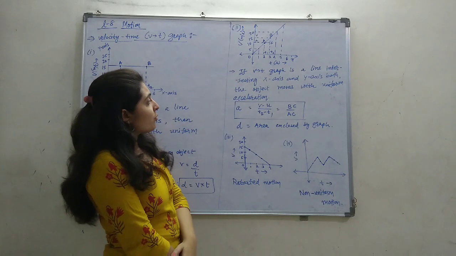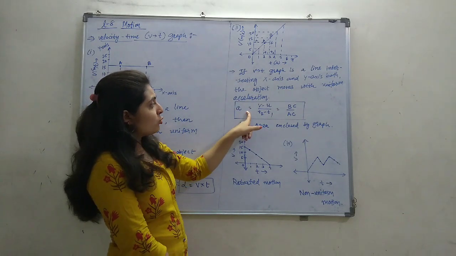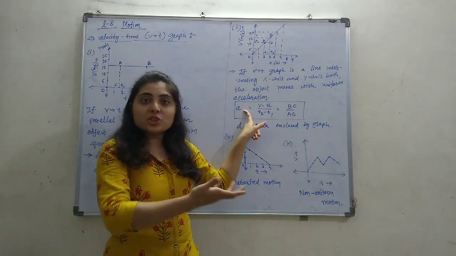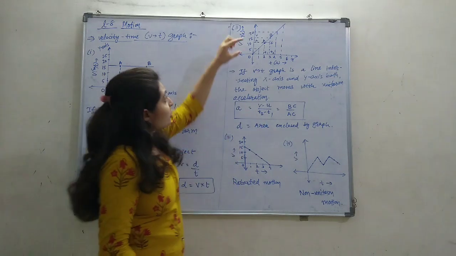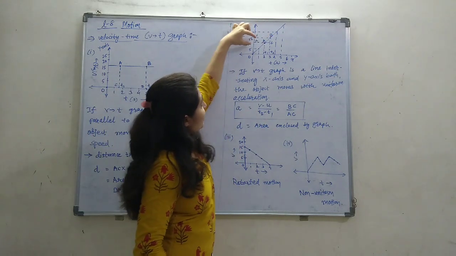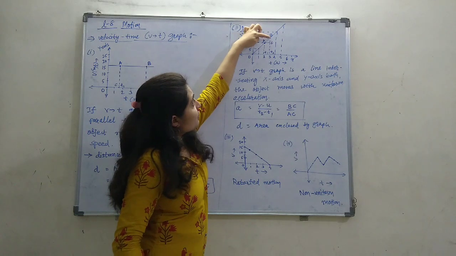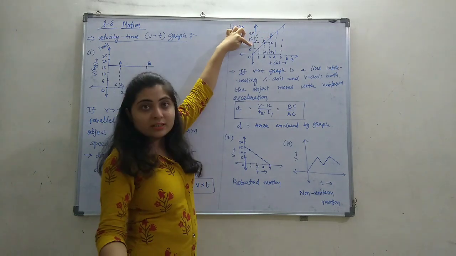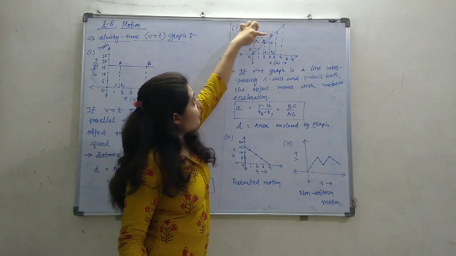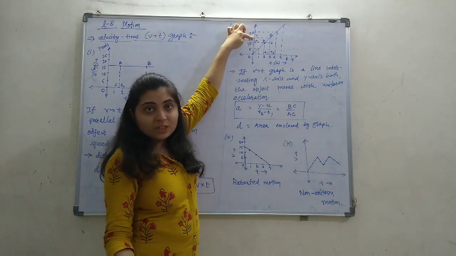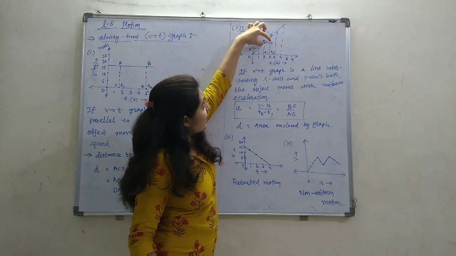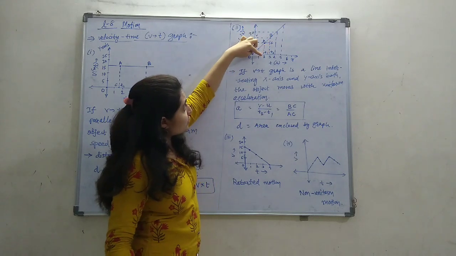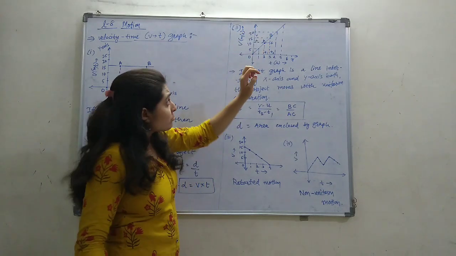And we can find the acceleration from this graph. a is equal to acceleration, which is change in velocity upon time taken. Between any 2 points, we can get the change in velocity. From A to B, let us say A has the initial velocity u, and B has the final velocity v, and the times we get from the x-axis, t1 and t2.